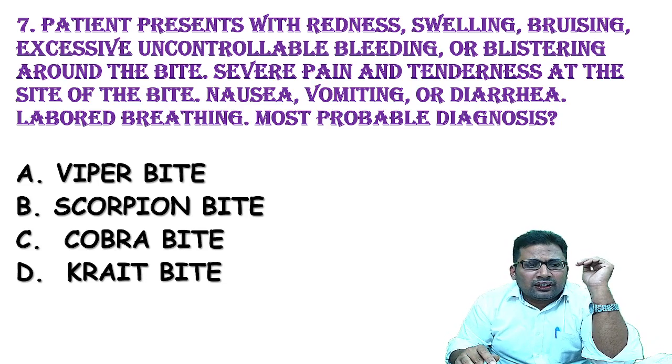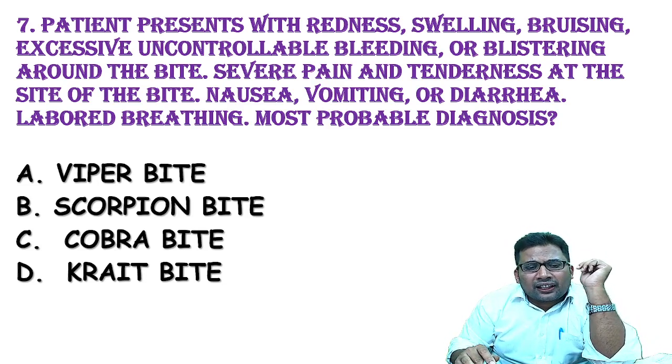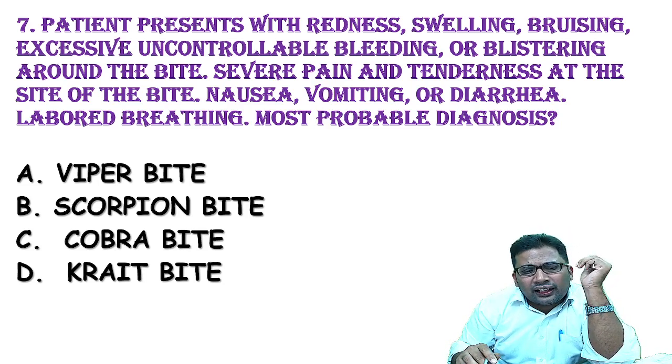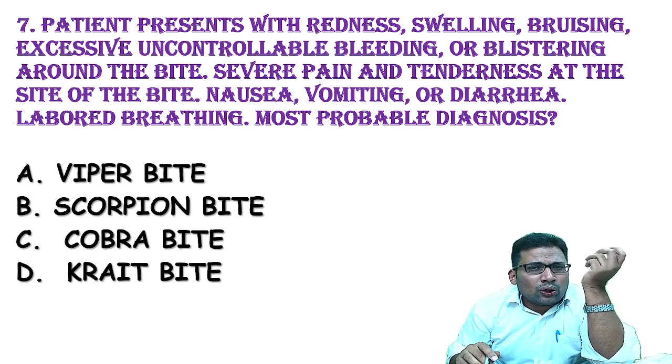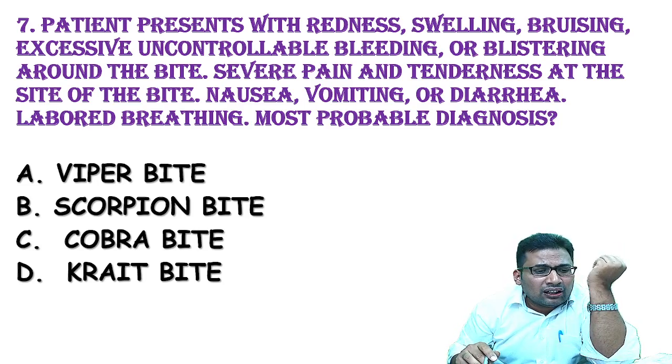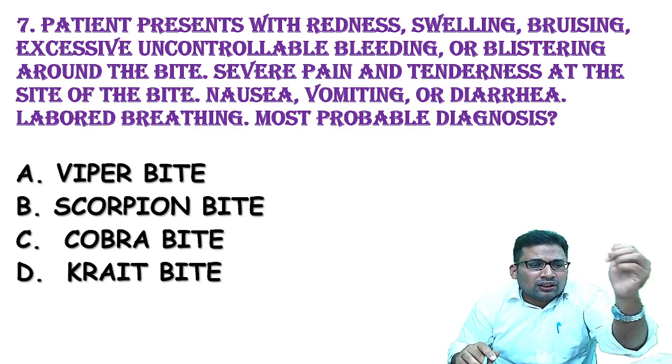Question number 7. Patient presents with redness, swelling, bruising, excessive uncontrollable bleeding, severe pain, tenderness at the site of bite, nausea, vomiting, diarrhea, labored breathing. So all this go in favor of either viper bite, which is hemotoxic, or it can be scorpion bite.